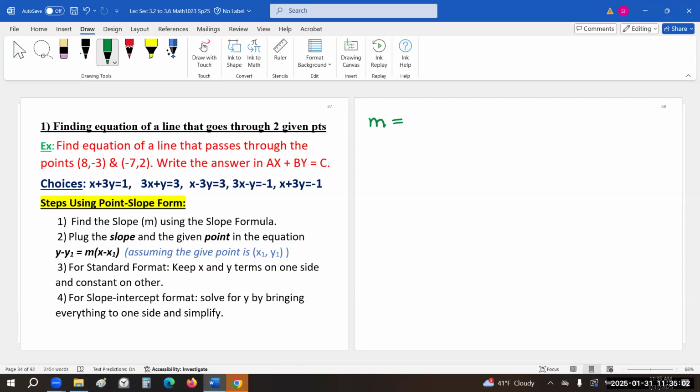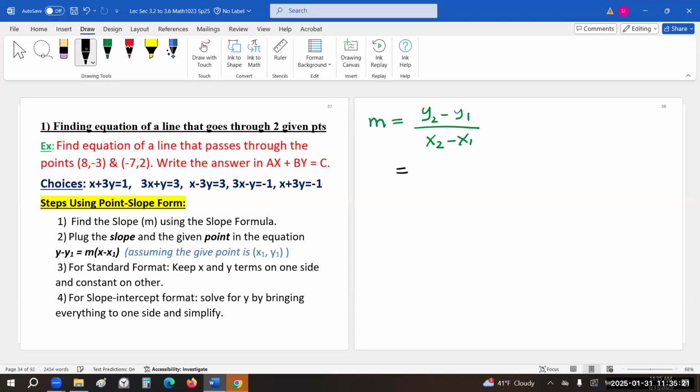The formula for slope, m equals something divided by something. y2 minus y1 over x2 minus x1. So that's why I said you have to memorize, because you're going to use this a lot.